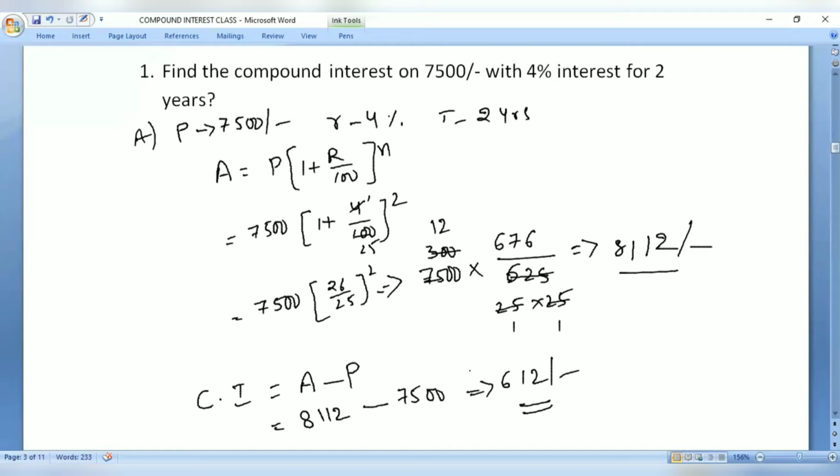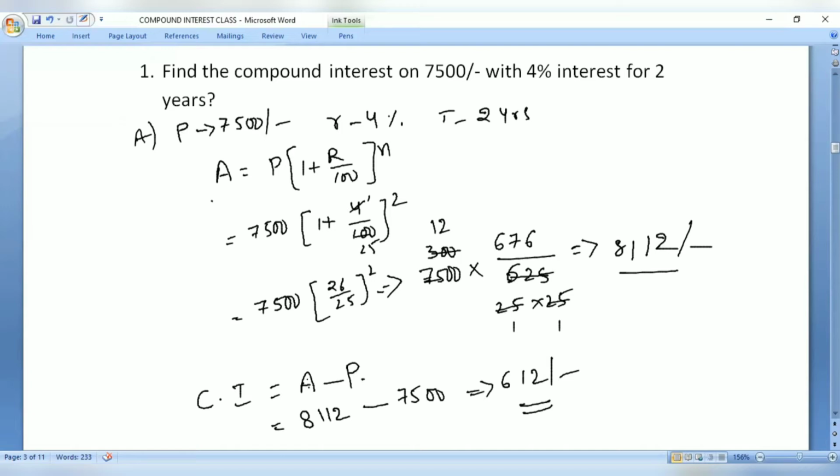So whenever you are asked to calculate the compound interest, you can directly substitute the compound interest formula, P into 1 plus R by 100 whole power n minus 1. Just to simplify your calculation, first we have gone for calculation of the amount. We know that compound interest is equal to amount minus principal, because the amount means interest plus principal.